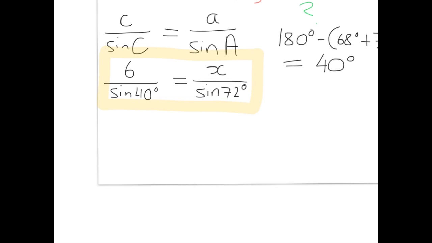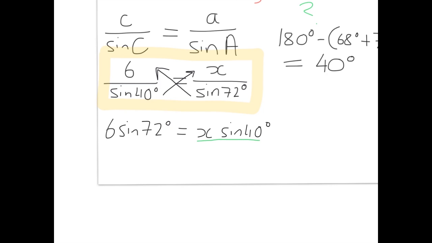So what we're going to do first is to cross multiply these two terms, so we get something which looks like 6 sine 72 degrees is equal to x sine 40 degrees. Next, we're going to divide both sides by sine 40 degrees.